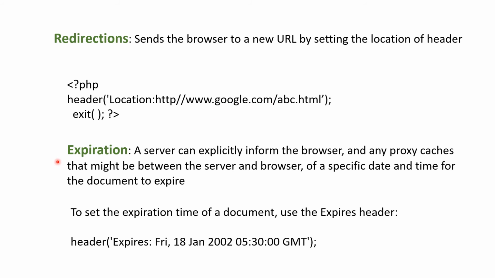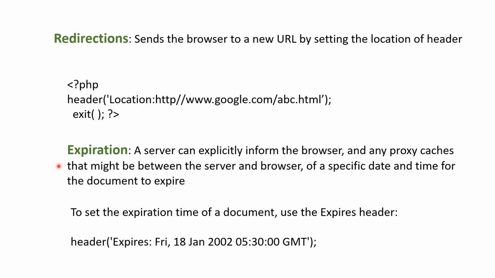Then the next topic is expiration. A server can explicitly inform the browser and any proxy caches between the server and the browser of a specific date and time for the document to expire, and the proxy and browser caches can hold the document until that time or expire it earlier.